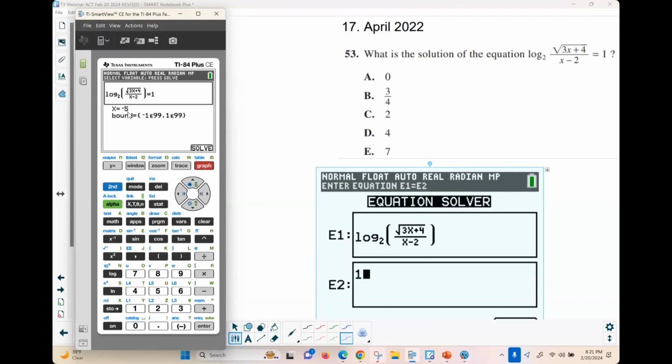This is where I type in my guess in case there's more than one, since I want the one that's closer to a particular number. Since these are all positive numbers, I'm going to pick like 5. There's my guess. Do not press enter, but press graph to solve it. And when I press graph, I'm getting x equals 4, which of course is the correct answer.